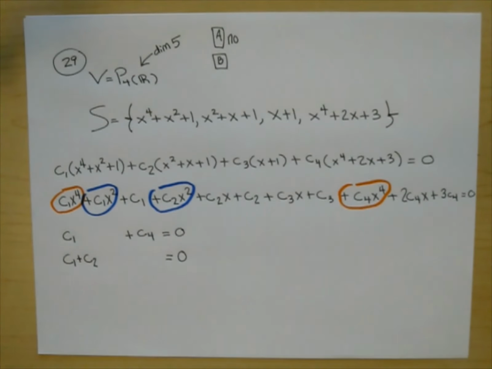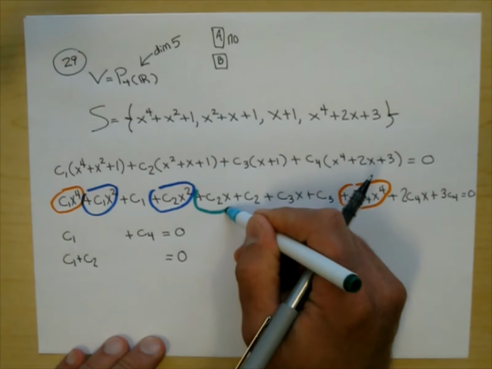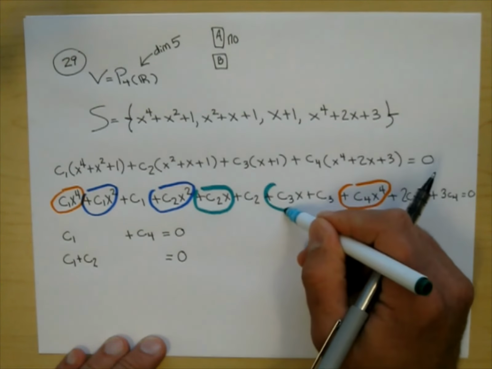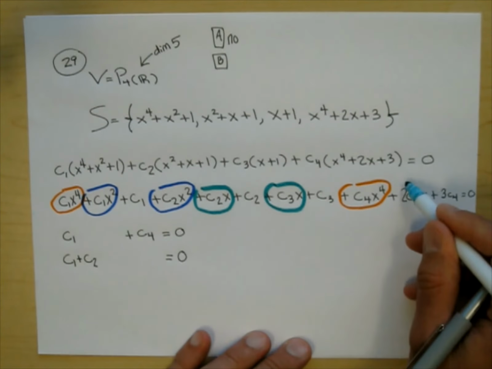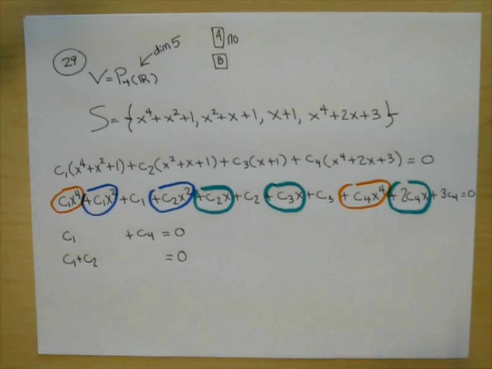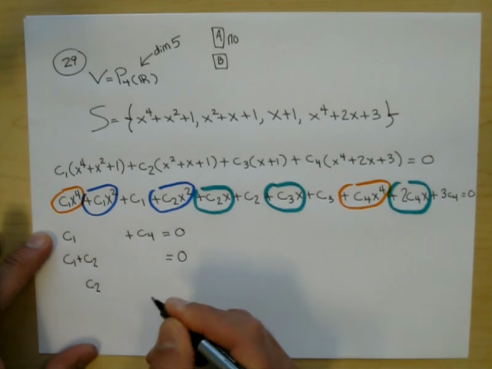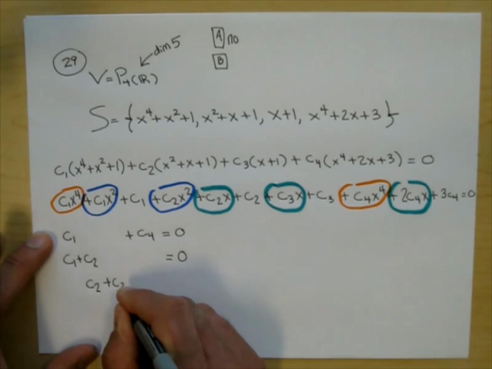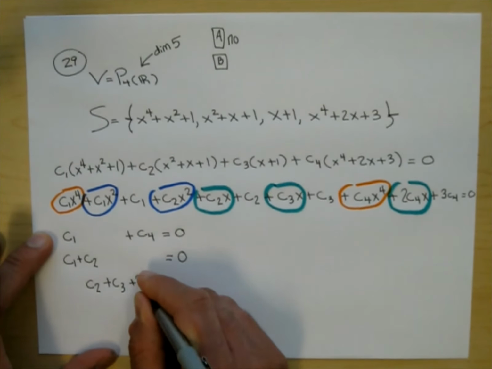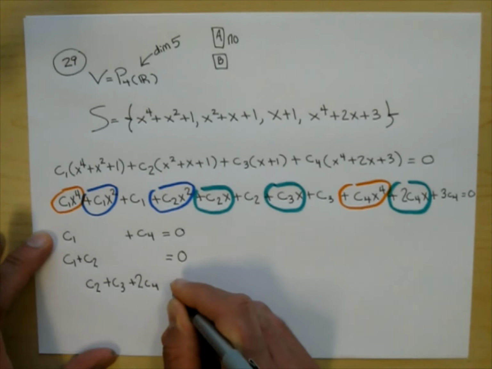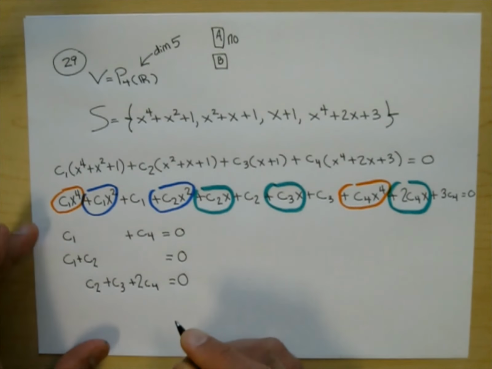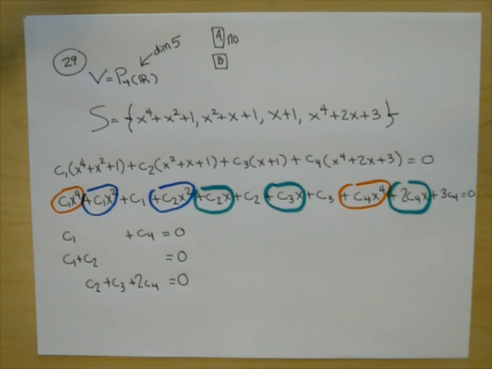I'm going to circle all my x terms. There's one, there's one, there's one. So this says C2 plus C3 plus 2C4 equals 0. And then I'm going to circle all my constants.